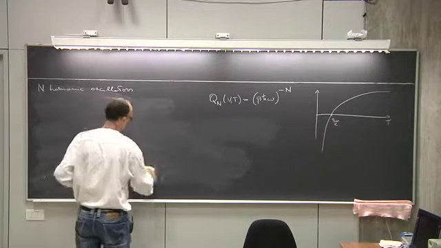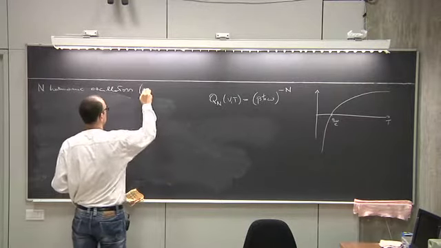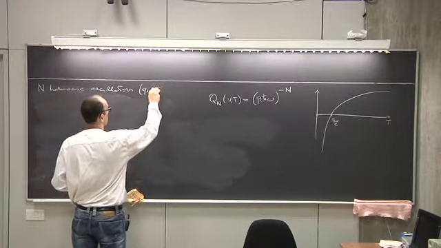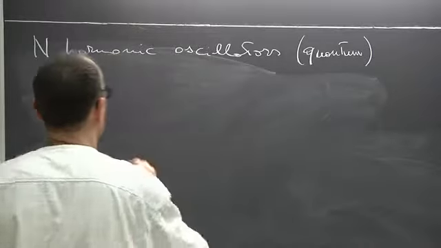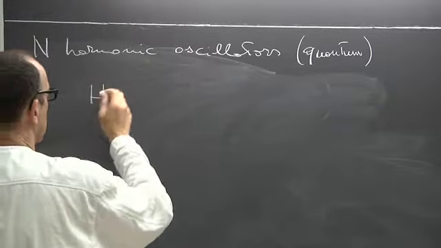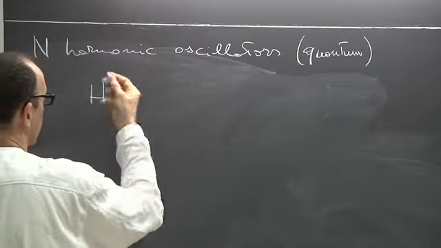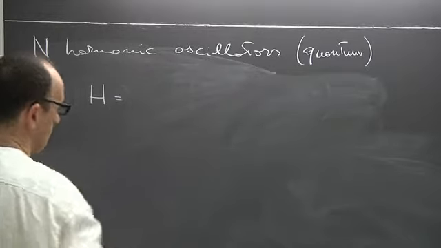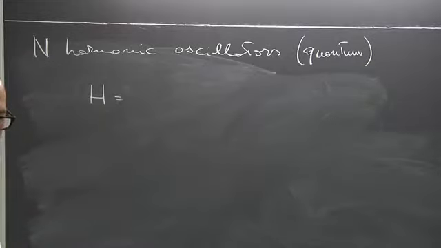So for a system of quantum harmonic oscillators, the Hamiltonian is just the Hamiltonian of n independent harmonic oscillators.